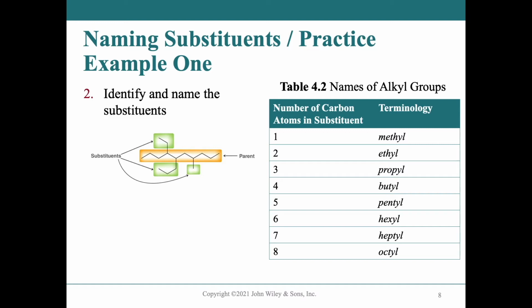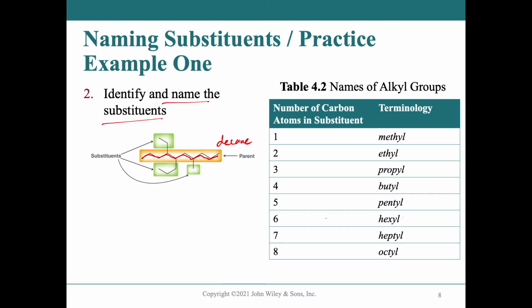Okay. So next step is to identify the substituents in the longest carbon chain, right? And so we just did that in the previous slide, but we'll do it again here. So here's the parent: 1, 2, 3, 4, 5, 6, 7, 8, 9, 10. All right. So the parent is a decane. And then we have these substituents here.